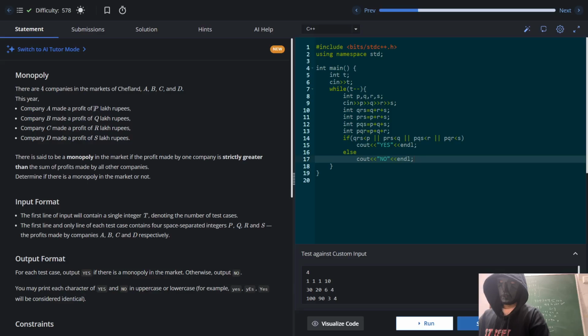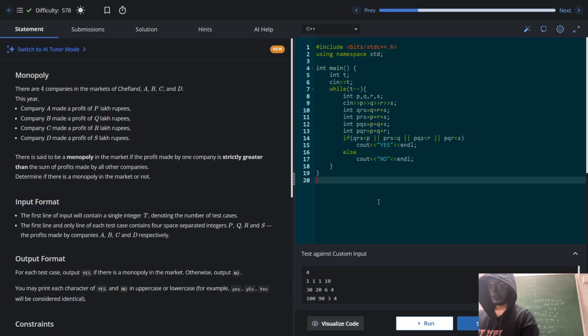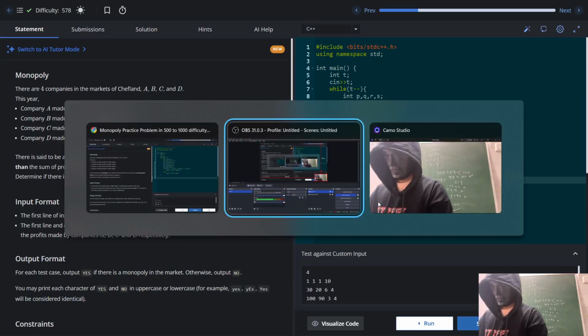If P is said to be the monopoly, then you'll have to consider the QRS sum. If Q is said to be, then you consider the PRS sum. If R is considered to be a monopoly, then you'll have to take the PQS sum. And if S is considered as monopoly, then the PQR sum. So you need to take care of all the 4 cases, and that will help you in solving this problem. So thank you guys for watching the video.